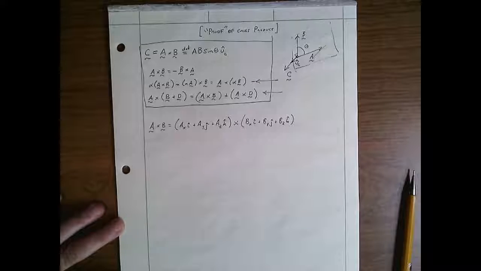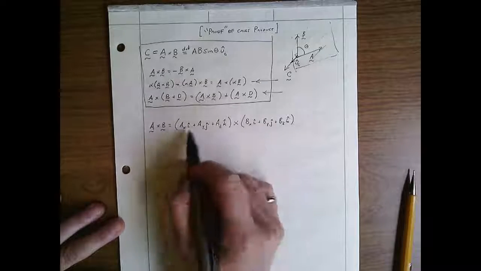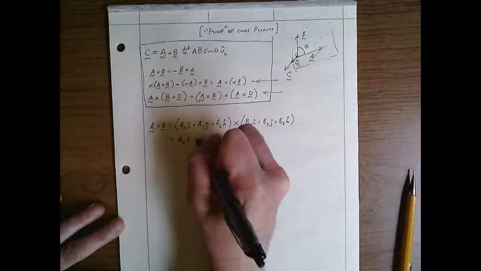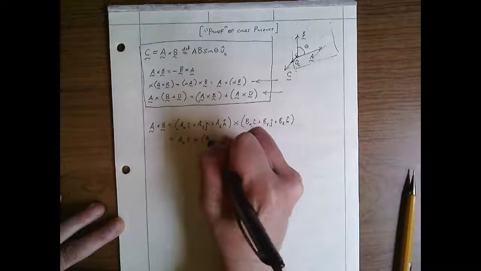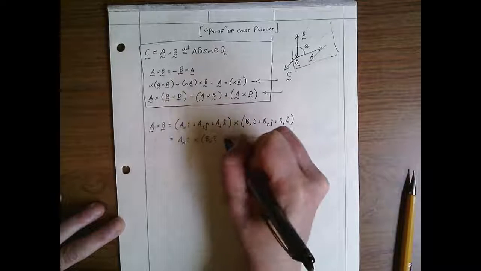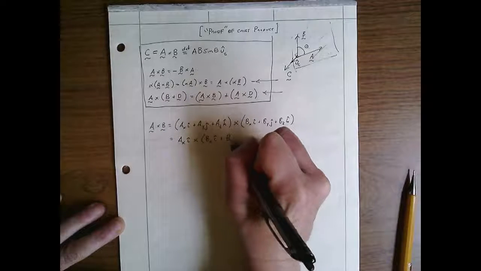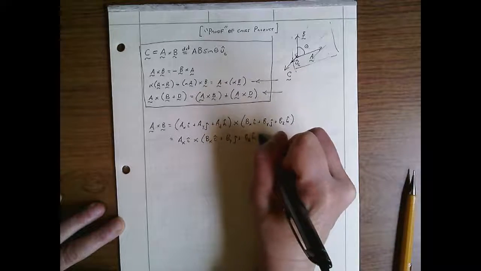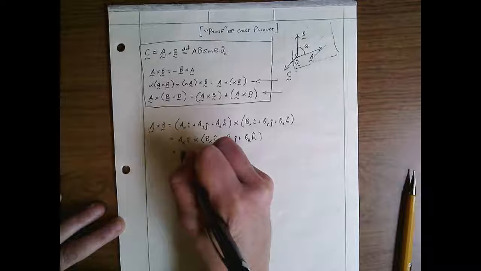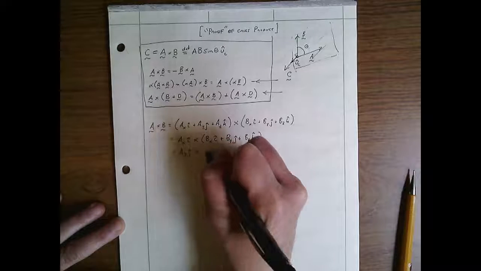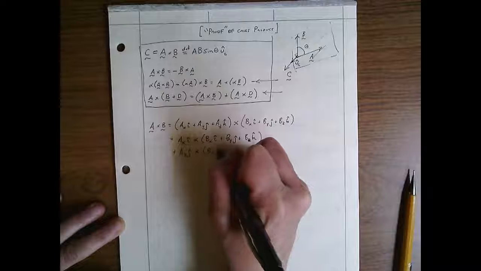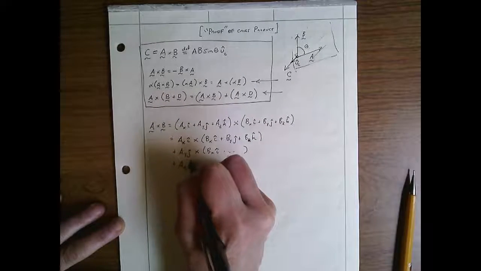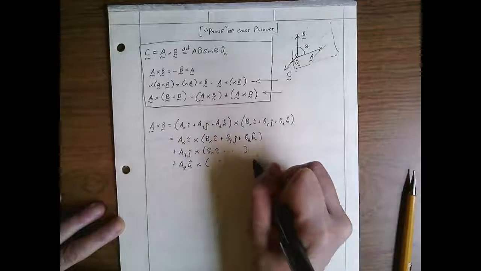I'll write the first couple. We're going to basically expand this out, distribute this out. So this would be AXI hat crossed BXI hat plus BYJ hat plus BZK hat, plus AYJ hat cross, same term, BXI hat, same guy, plus AZK hat cross this same term as above.